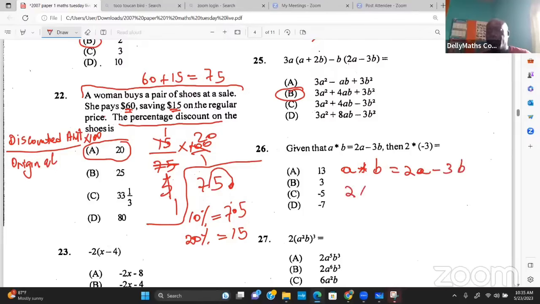So if I'm going to do 2 asterisk with a negative 3, I'm going to make sure that I understand that the A is like the 2 and the B is like the negative 3. So 2 times A is 2, minus 3 times the B, right? What is the B? The B is negative 3. So what are we looking at? You're looking at 4 plus 9, and that is definitely 13.